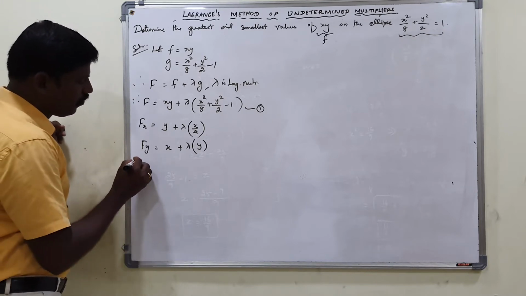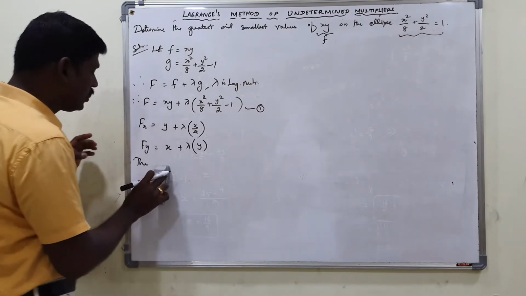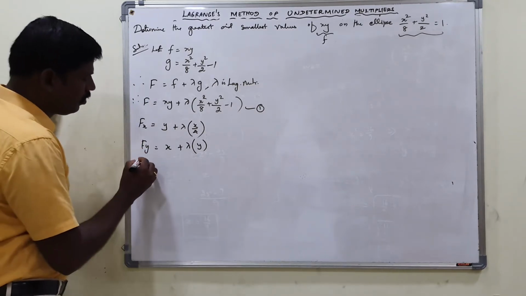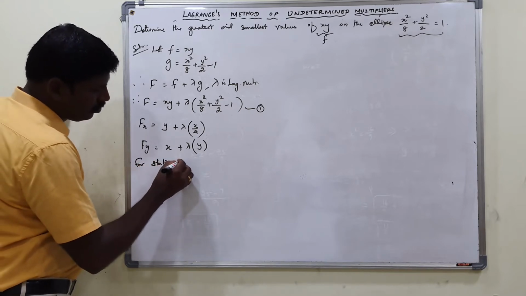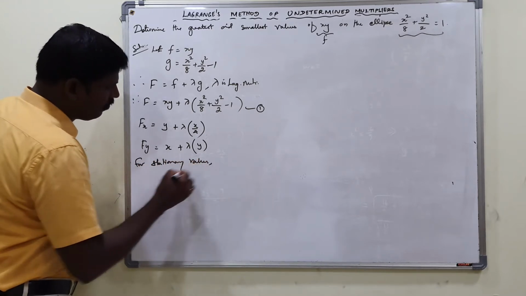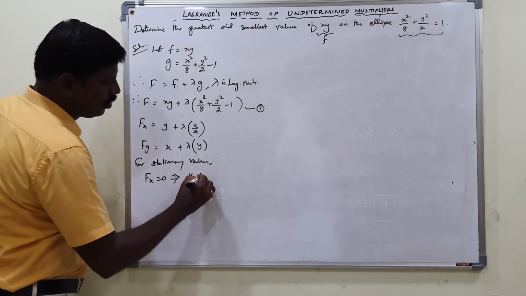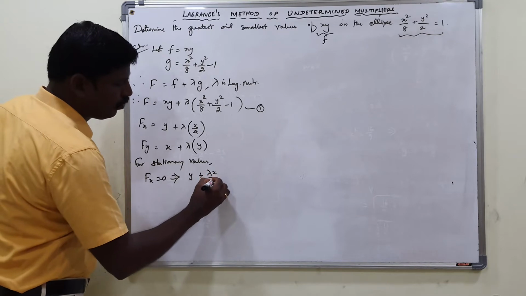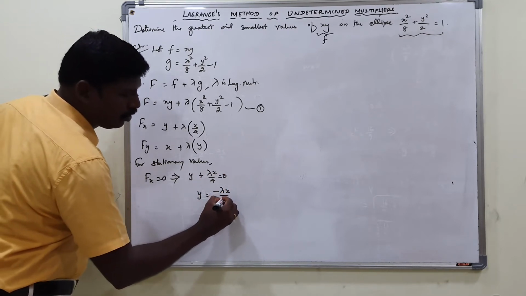For stationary values, we equate both of these to 0. For stationary, we equate Fx to 0. This implies y plus lambda x by 4 equal to 0. So y is equal to minus lambda x by 4.